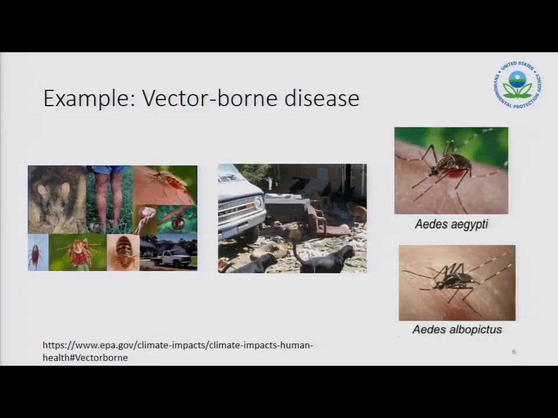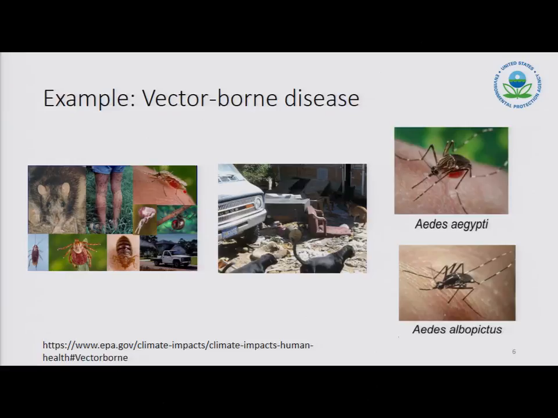So a couple examples that we work on at EPA, vector-borne disease. A lot of animal vectors carry diseases. The middle picture shows some dogs and some furniture. Turns out the brown dog tick likes to live in furniture, and the dogs in this neighborhood like to lay on the furniture, and so it's a really strong vector for Rocky Mountain spotted fever.